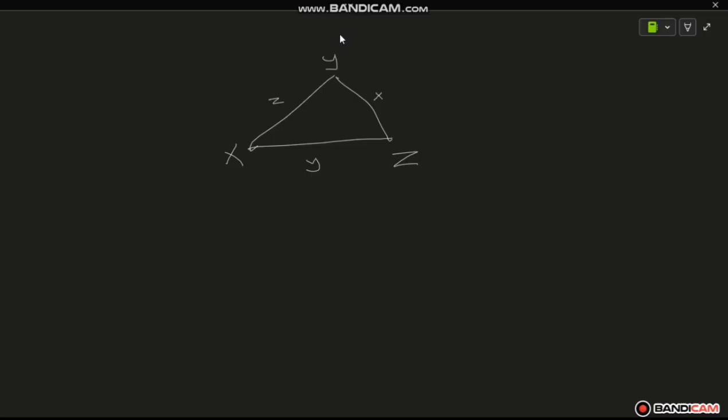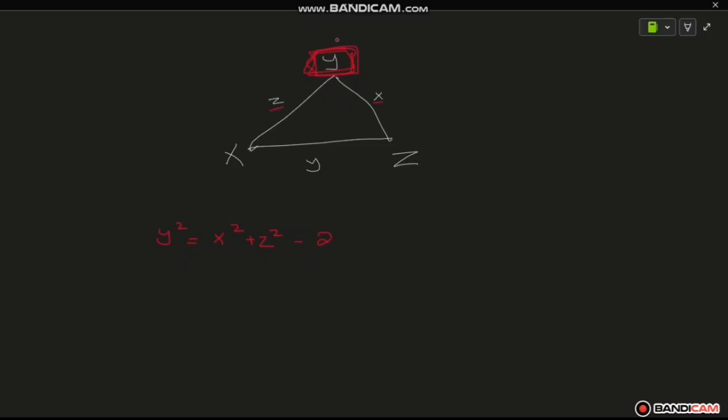Now this is an included angle Y formed by sides z and x. The side opposite included angle Y is small letter y. Then you put squared. Which two sides are forming included angle Y? It's z and x. You add them with the squared.